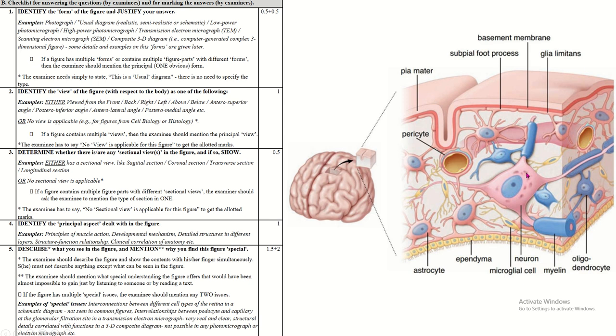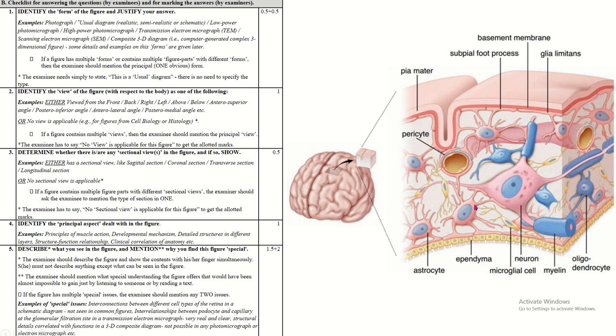You have to mention this in front of the examiner. The view is not applicable for this figure, and no sectional view is applicable. You have to say this to get the marks.